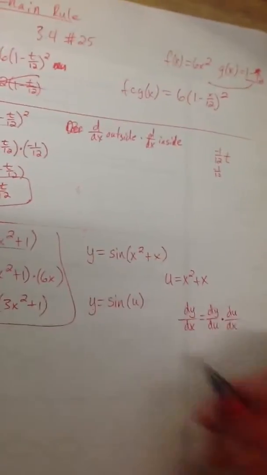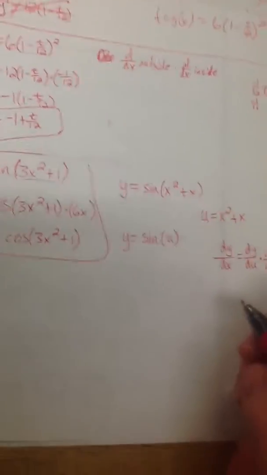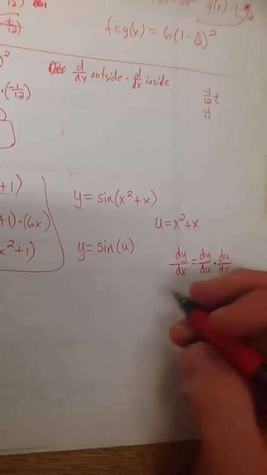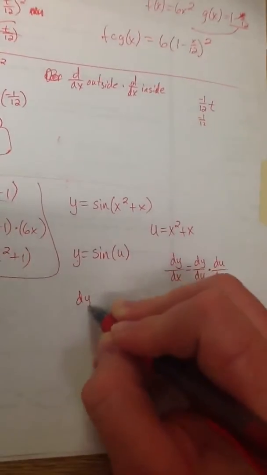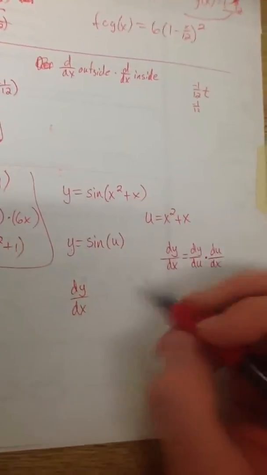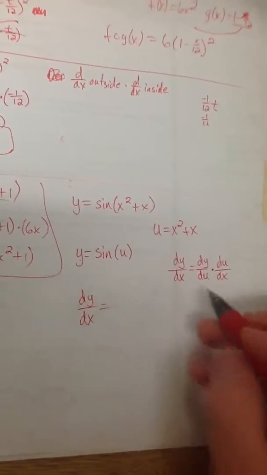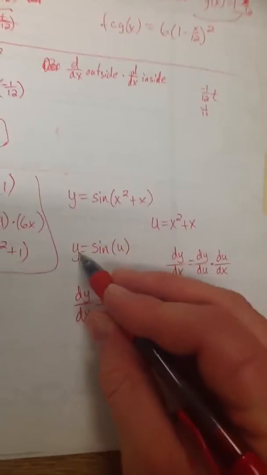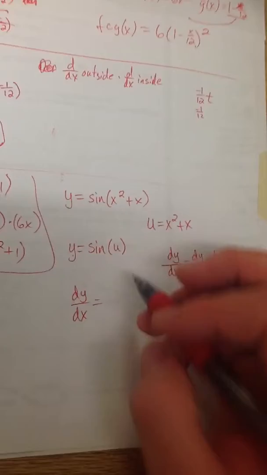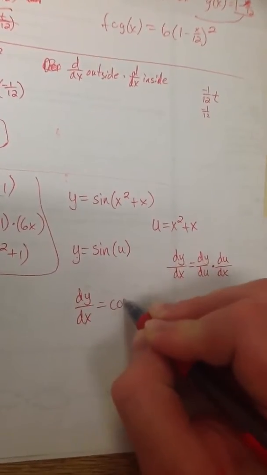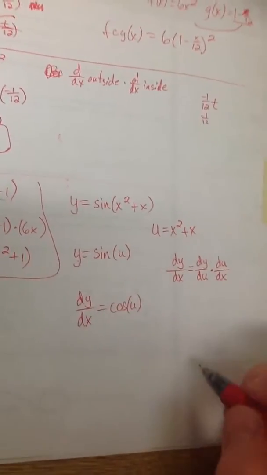And so they go, oh, okay, well, that means dy/dx, the derivative of y with respect to x, equals, well, dy/du, so the derivative of this one with respect to u. The derivative of sine is just cosine of u.